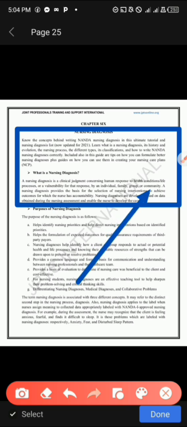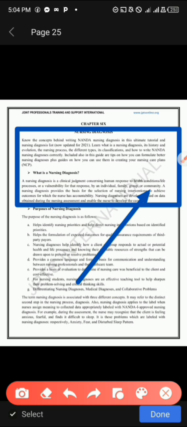A nursing diagnosis provides the basis for the selection of nursing interventions to achieve outcomes for which a nurse has accountability. That is something that a nurse can give account of, something that a nurse can answer for.